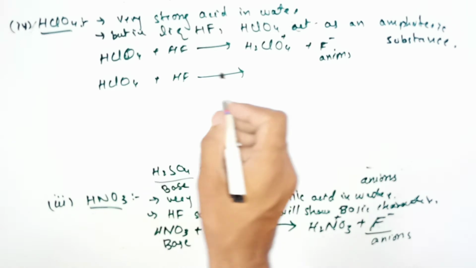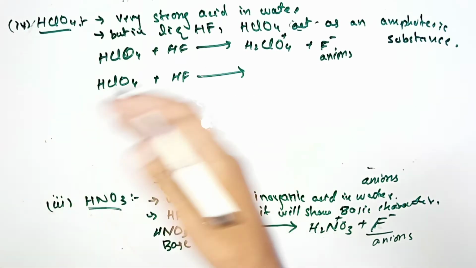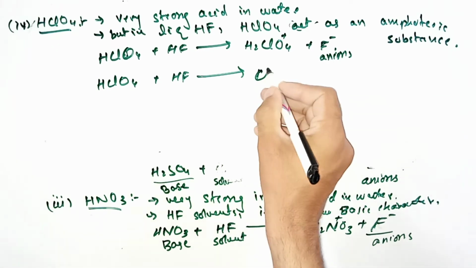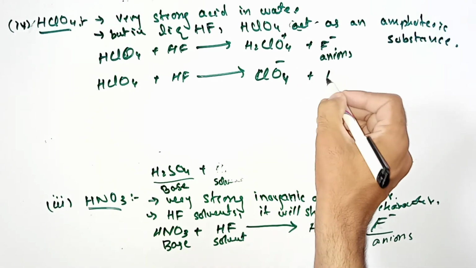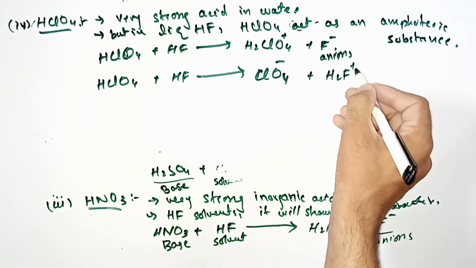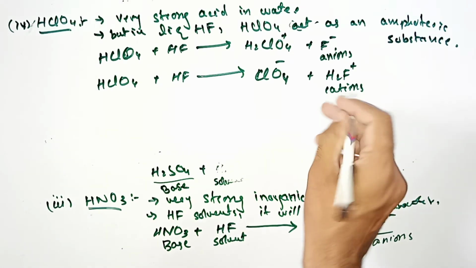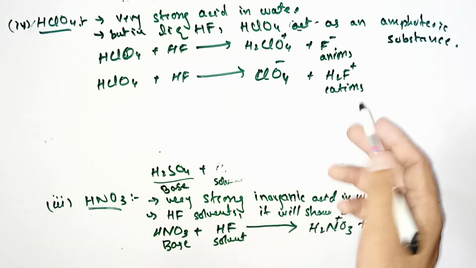HClO4 has the accepting property of proton, and it also has the donating property of proton in HF solvents, and it will produce ClO4 negative plus H2F positive. So that is the cation of the solvent that was produced by the auto-ionization of the HF solvents.